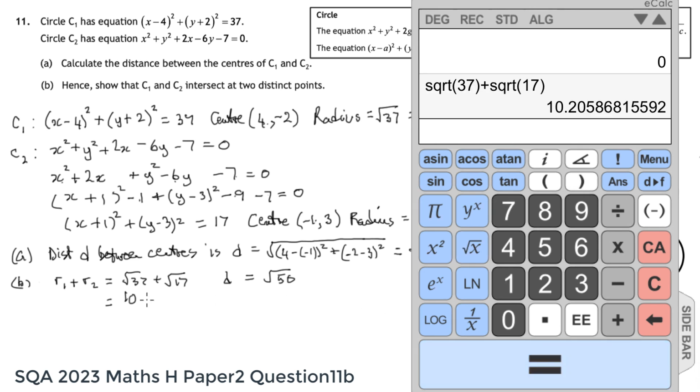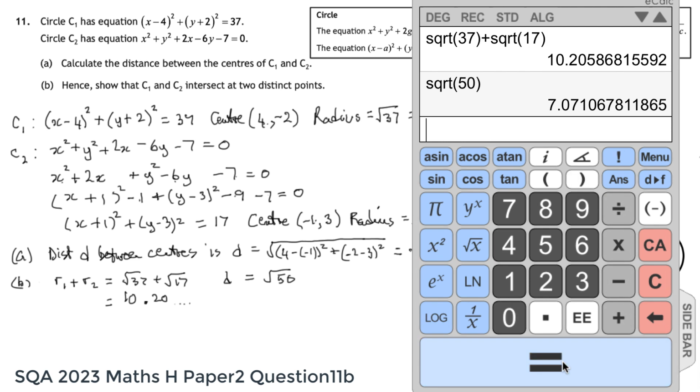That's 10.20 and so on. And what's the distance between the centres? Root 50, square root of 50, 7.07, and so on.